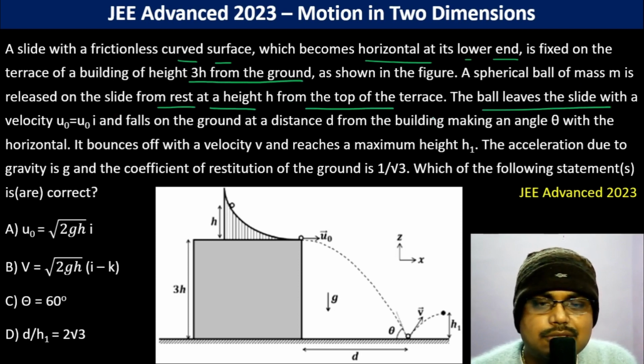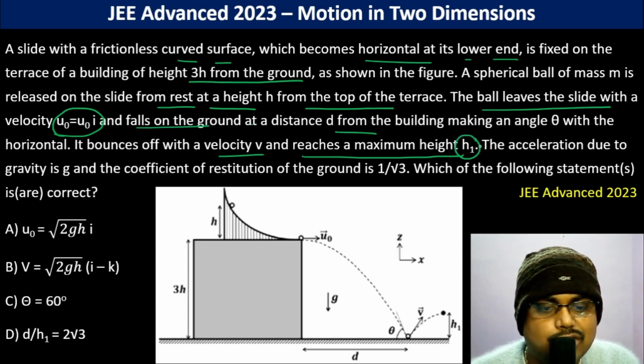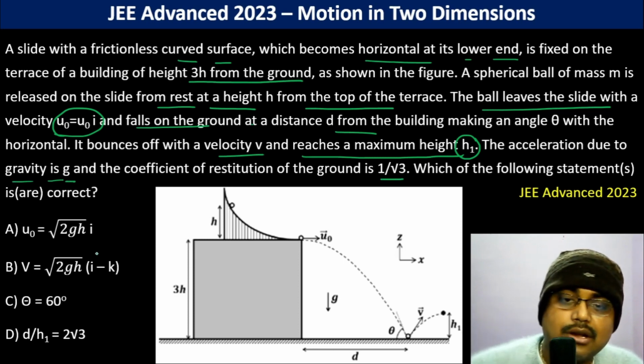The ball leaves the slide with a velocity u naught i and falls on the ground at a distance d from the building, making an angle theta with the horizontal. It bounces off with a velocity v and reaches a maximum height h1. The acceleration due to gravity is g, and the coefficient of restitution of the ground is 1 by root 3. Which of the following statements are correct?